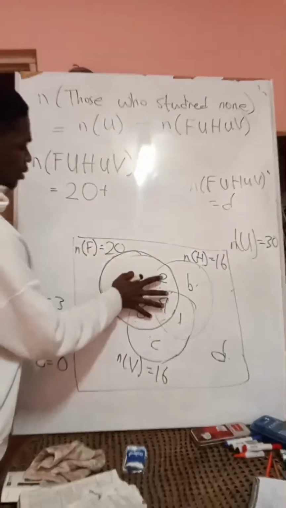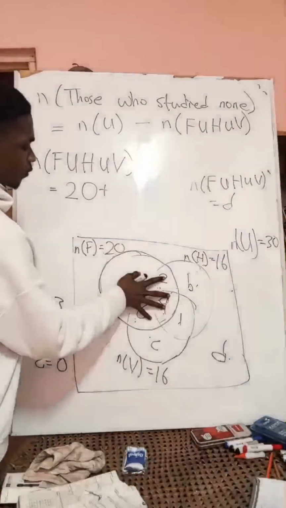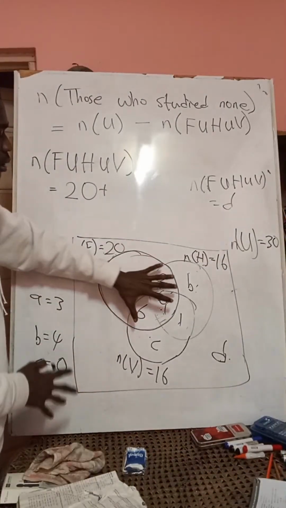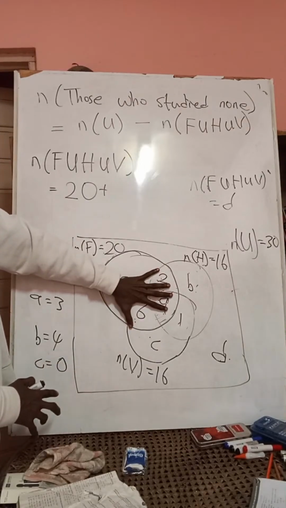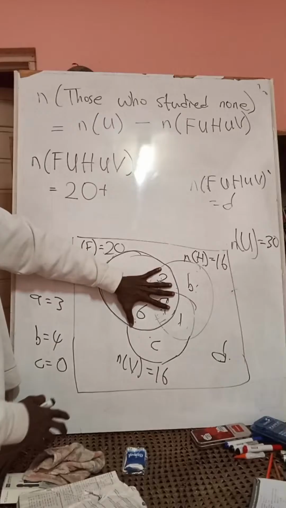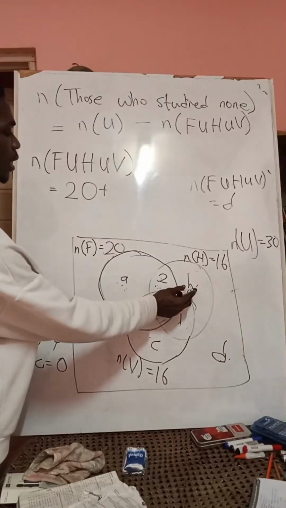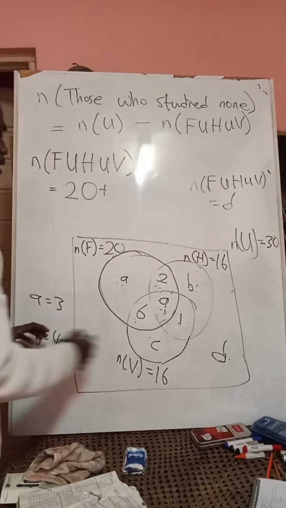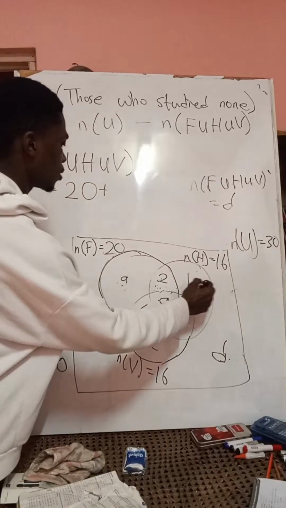We take this one, which is F, the whole F. The whole F is here, in this circle. As a matter of fact, when you take this circle, you add this B here plus 1 plus what? C. We know B to be what? 4.